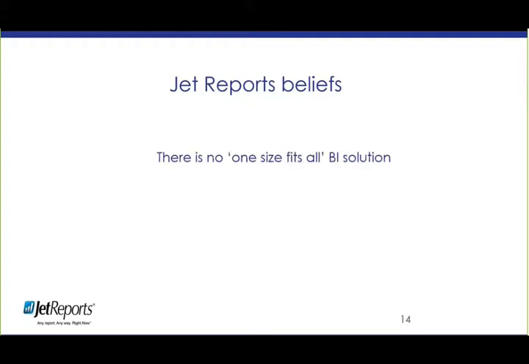Okay, there's no one-size-fits-all BI solution. Every company's activities are unique, and so the way that they handle their data needs to be unique as well. Again, we've got 10,000 clients, and I don't know if we have any 2 of them that are really doing things the same way, even on simple things like how they manage a chart of accounts or how they flow a transaction into their GL.